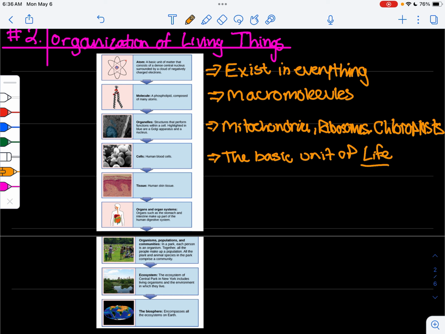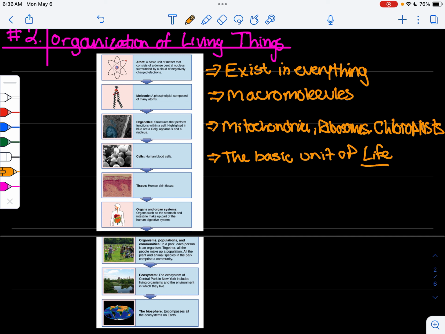We actually have a whole chapter designated to what organelles look like inside of a cell. Hey, look, here comes our cells, tissue, organs, organ system, and organism all coming back to us now. We talked about that.